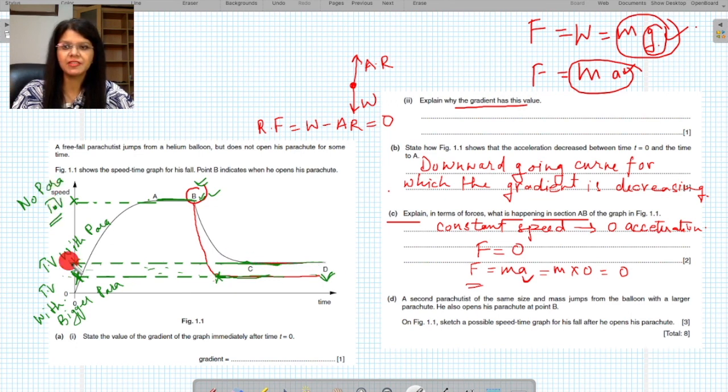CD is the terminal velocity with the parachute, and a new line down here, a steeper line. This is the answer for D, terminal velocity with a bigger parachute. I can make some more constructions here to make it more clear.